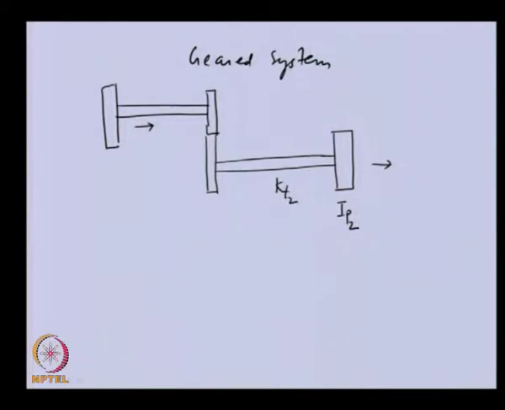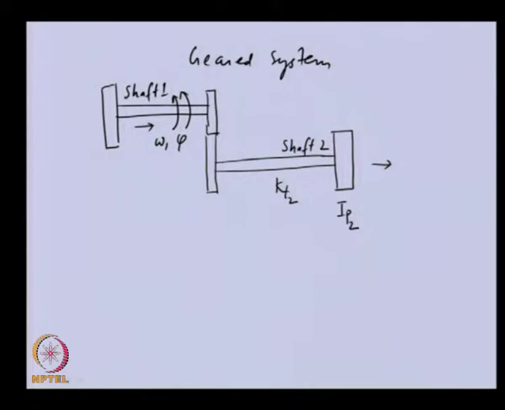Now, let us say we are mentioning this as shaft 1 and this is shaft 2, and this particular shaft has a nominal speed of omega 1. Apart from this, because of the polar moment of inertia, it has some torsional oscillation.